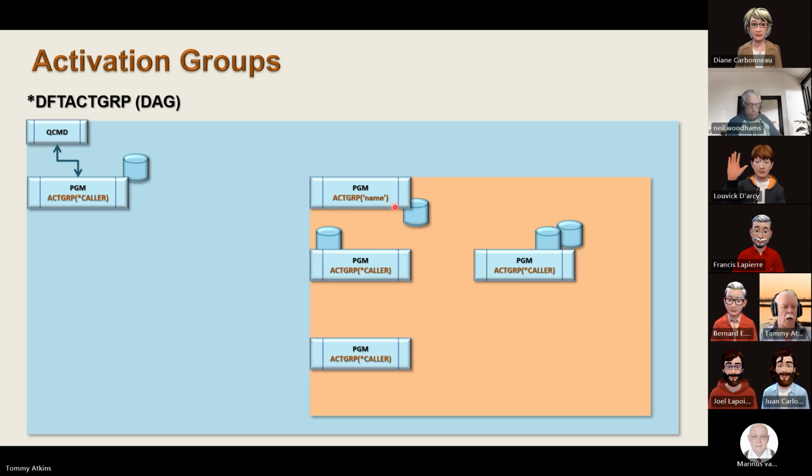So you call a program for test purposes, you're creating a named activation group. If you want to roll it back, you have to have this program issue a rollback. That program could issue a rollback, in which case all the commits in that activation group will be rolled back.